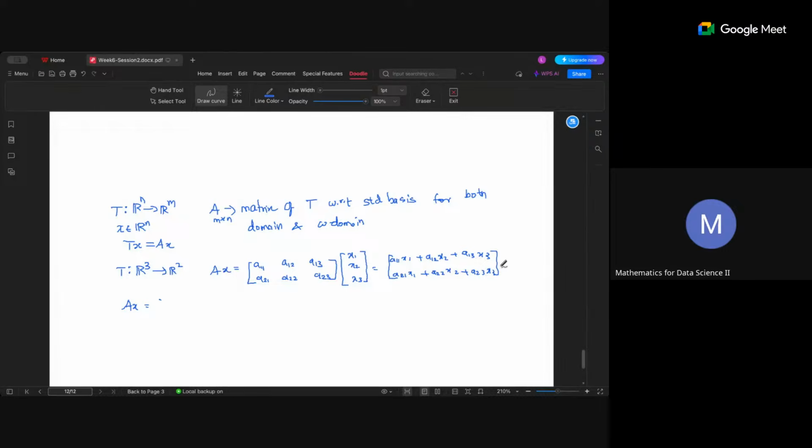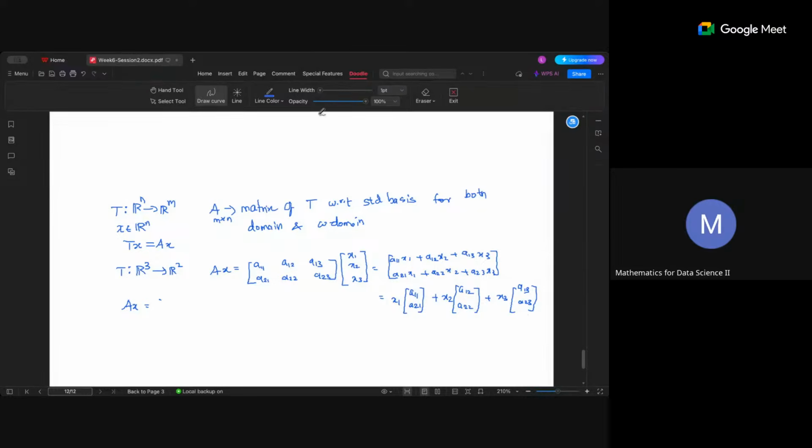Yes or no? Yes, ma'am. Okay. Now I'm just going to rearrange and write it in the following way and see if it makes sense. I can write it like this. Yes or no? Yeah. I have just split it and written it in this way.